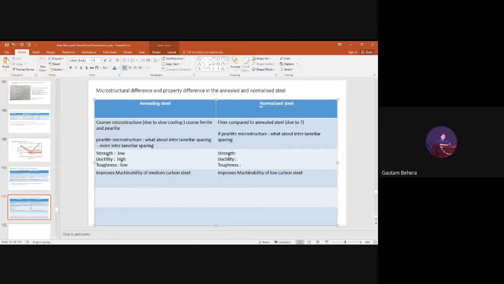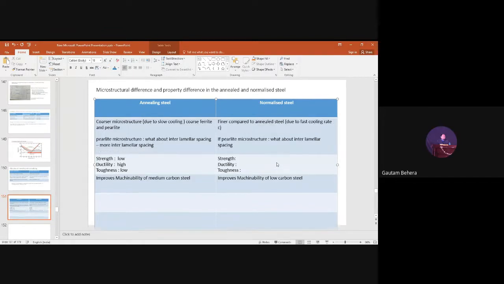Similarly, normalized steel. Normalized steel has finer grains compared to the annealed steel due to fast cooling rate compared to annealing. Then if pearlitic microstructure, what about the interlamellar spacing?